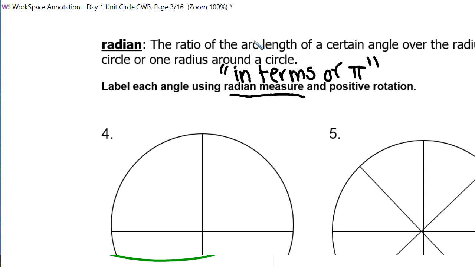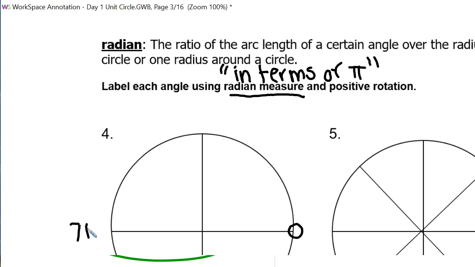Okay, so problem number 4. On the initial side, we start at 0. It's not 0 degrees anymore, it is now 0 radians. So no degree symbol here, we're in radian mode now. And we just saw that if you go halfway around the circle instead of 180 degrees, it was about 3.14 radii, which is the same as pi.